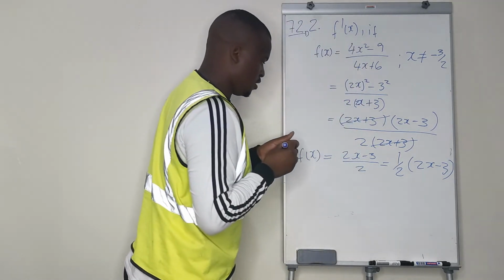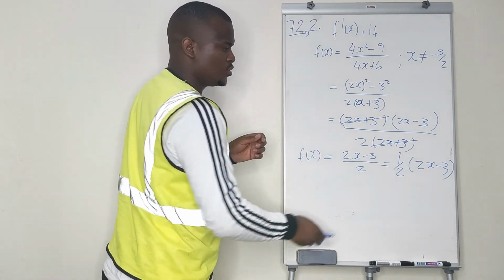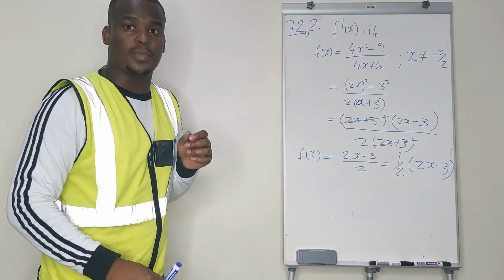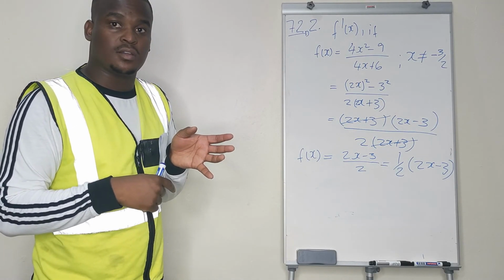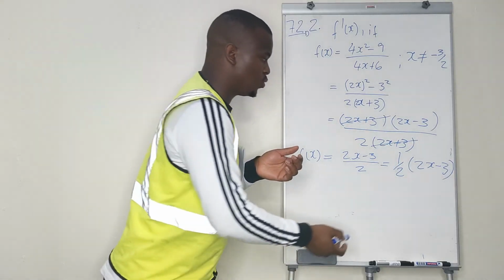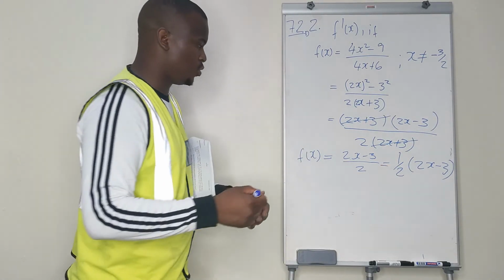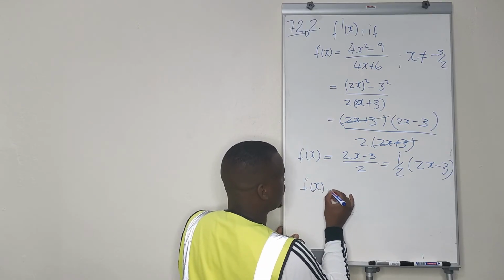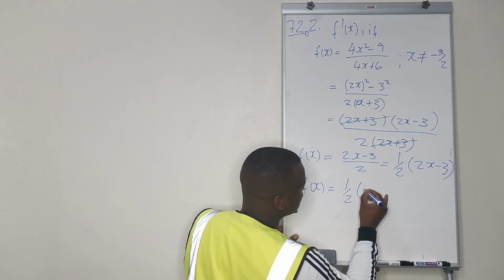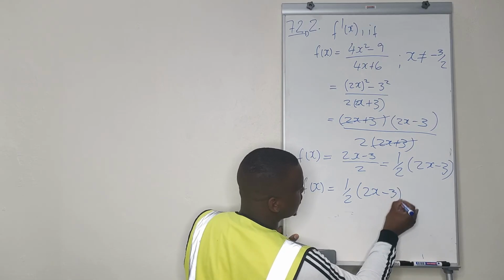So you can derive this. You will be able to derive this with no problems. If you go to our checklist of the rules you should use to derive, you will see that you will not have any problems deriving that. So your f of x is equal to 1 over 2 times (2x minus 3).